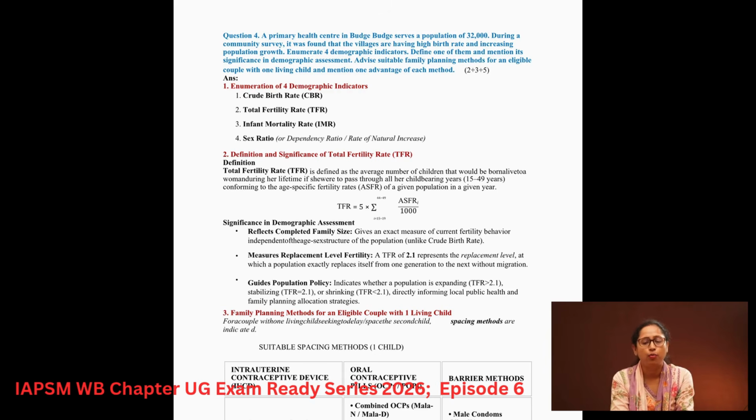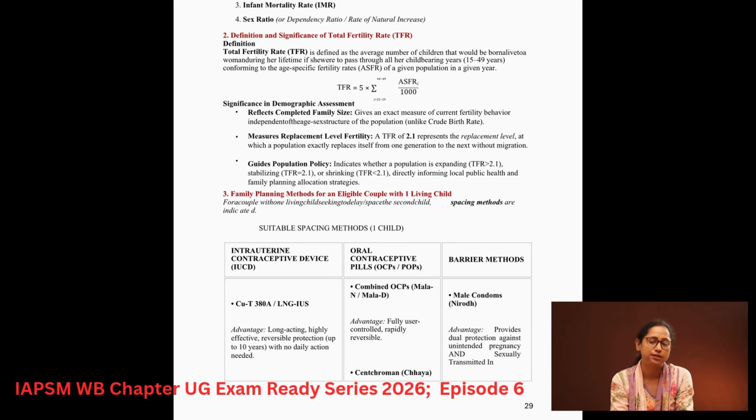A TFR of 2.1 we all know represents the replacement level at which a population exactly replaces itself from one generation to the next generation without migration. And finally, it guides the population policy, because it indicates whether a population is expanding, like TFR is more than 2.1, stabilizing, TFR is 2.1, and shrinking, that is TFR is less than 2.1, directly informing local public health and family planning allocation strategies.